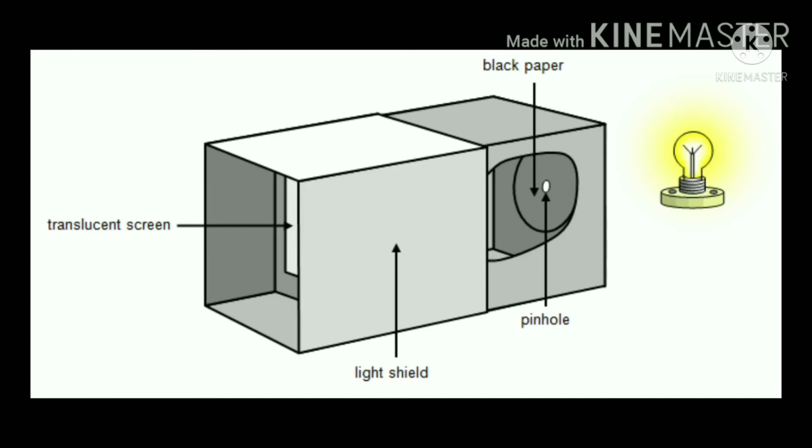So, in the pinhole camera, the light from the source passes through the pinhole in a straight way. That's why the upper part will go down inside as the lower part, and the lower part shows the upper area. So we are getting the inverted image.